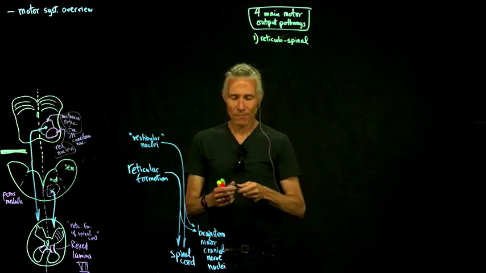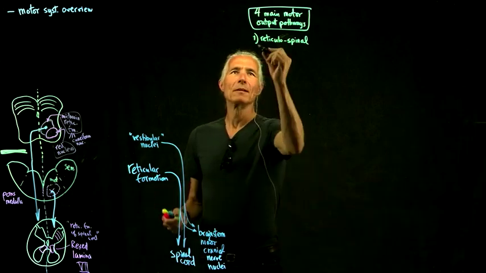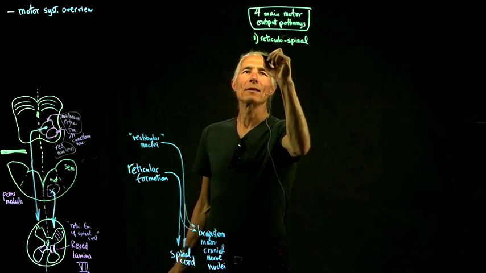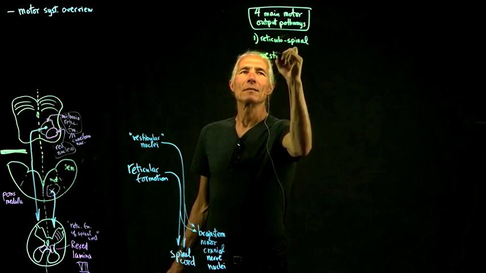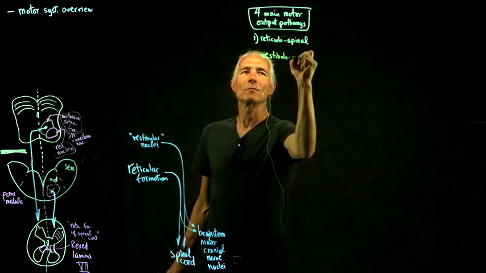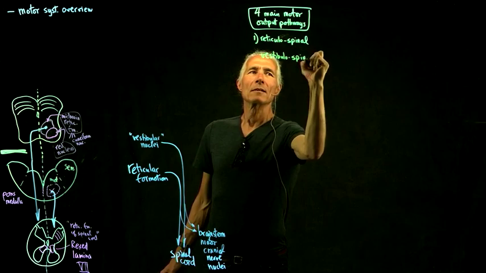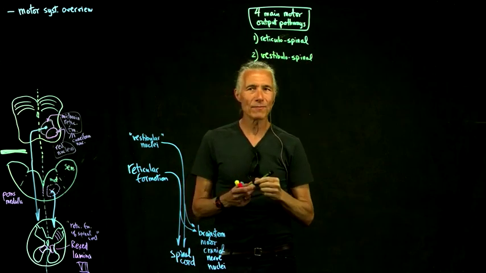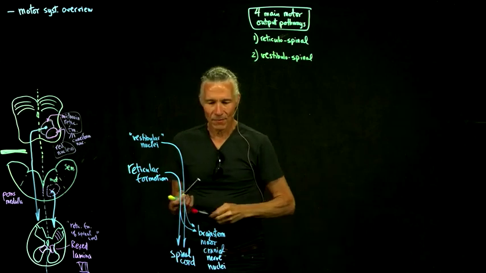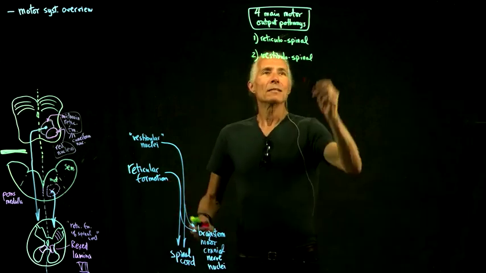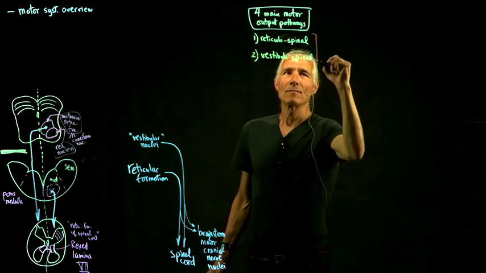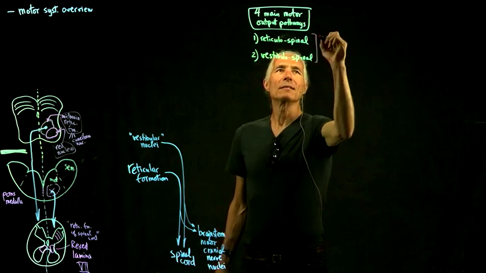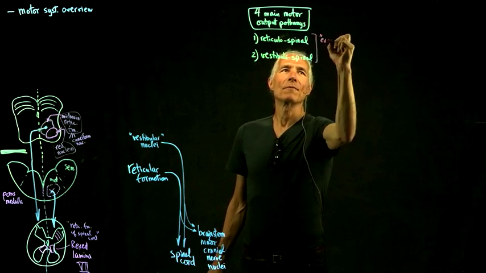Now, if we put those two together, the reticulospinal and the vestibulospinal, they have sort of a common function. If you read in a neurophysiology textbook, they'll say that these control extensors.